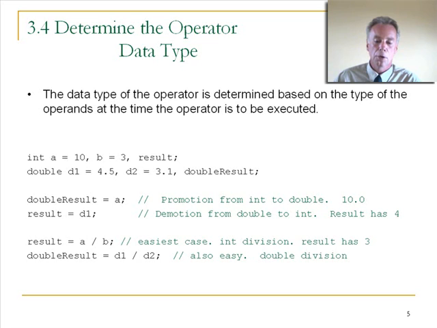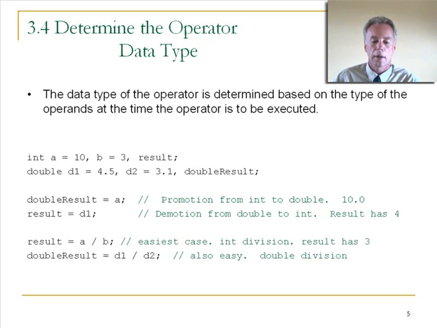Okay, a demotion is when there's the possibility of data being lost. So in the next example, we have D1, which is a double that has 4.5 in it, and we're going to assign that to result, which is an int. So 4.5 will not fit in result. What will happen in this case is that the 0.5 is thrown away. When data is lost by demotion, you'll get a compiler warning.